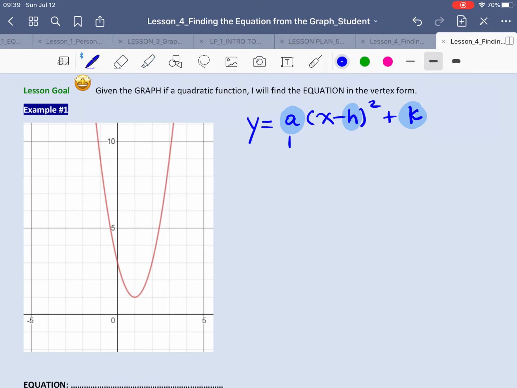Remember that the coefficient a will determine the stretch of the quadratic function graph, and it is closely related to the step pattern. We know that the step pattern for a basic parabola, and that's where all the parabolas are built on, is 1, 3, 5.